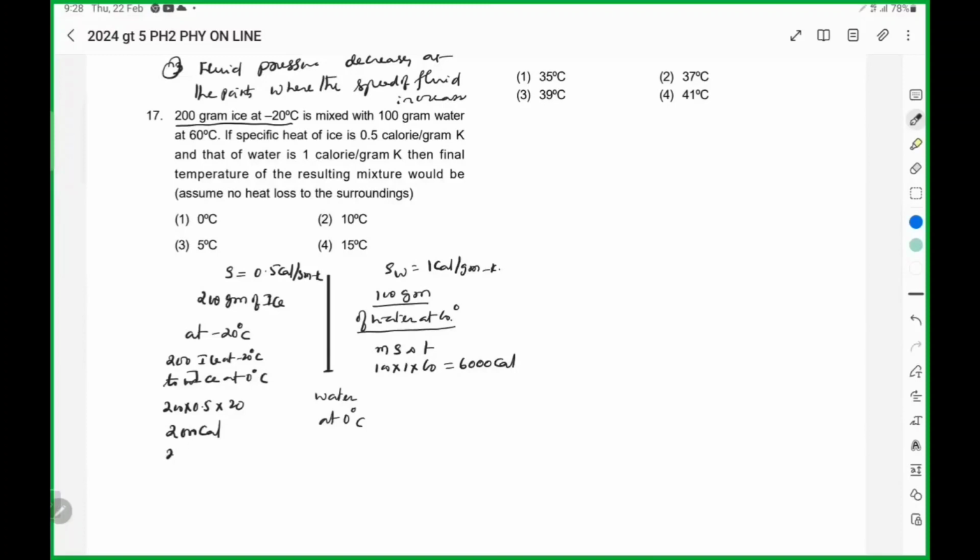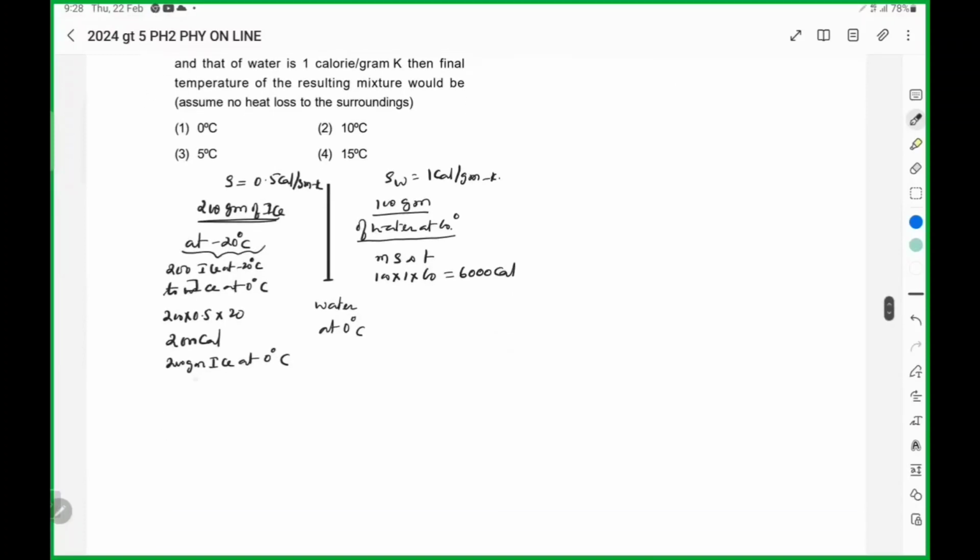Once you give 2000 calories, 200 grams of ice at minus 20 will be converted to 200 grams of ice at 0.